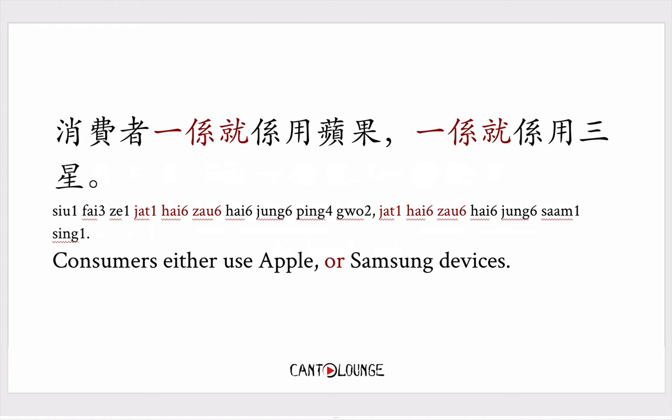And the astute reader might see that the way they translated these brand names is fairly different. Apple is translated literally, like an apple in Cantonese is also 蘋果, whereas Samsung is transliterated as Samsung. Is that usually the case?